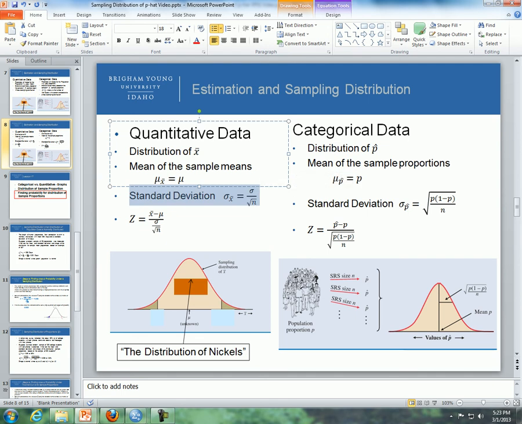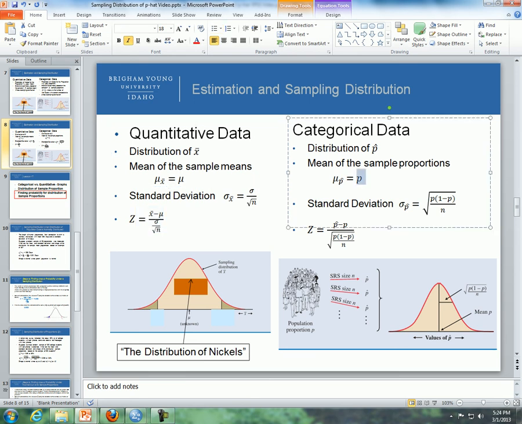And when we dealt with the normal distribution and a sampling distribution, to calculate a z-score, we would take the sample mean minus the population mean divided by the standard deviation over the square root of n.